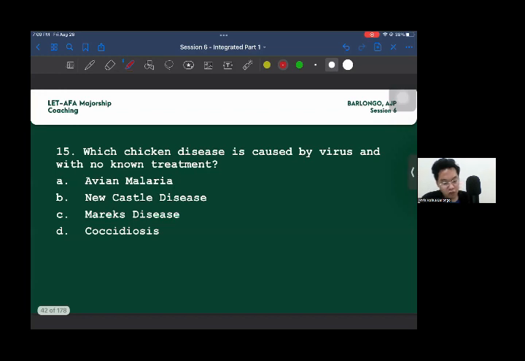So let's move to number 15. Ayan. So which chicken disease is caused by a virus and with no known treatment? So letter A, avian malaria, B, Newcastle disease, C, Marek's disease, or letter D, coccidiosis.